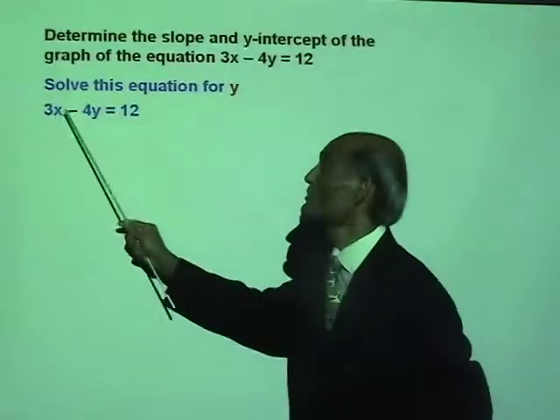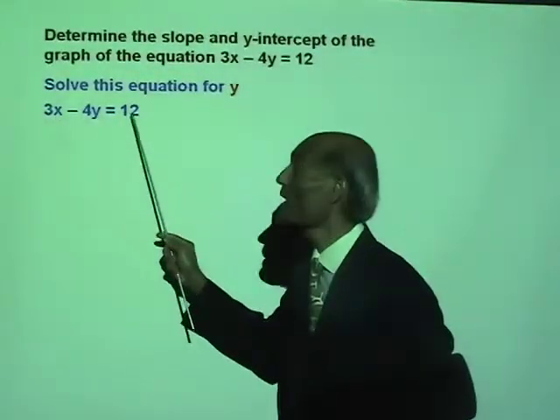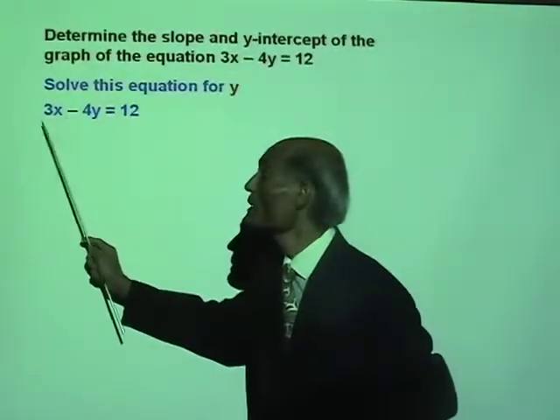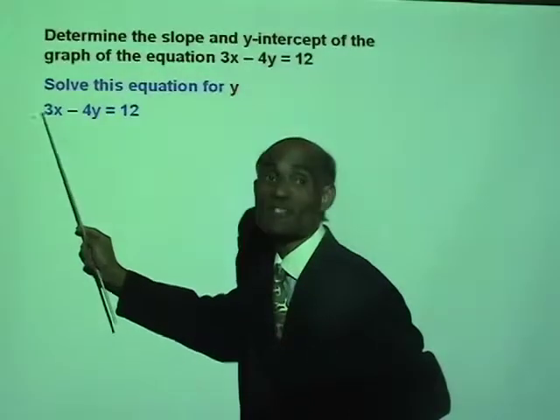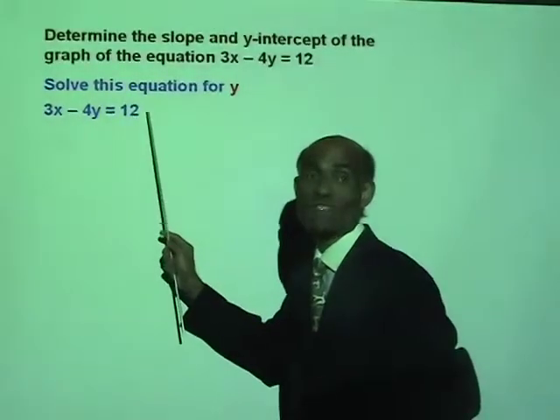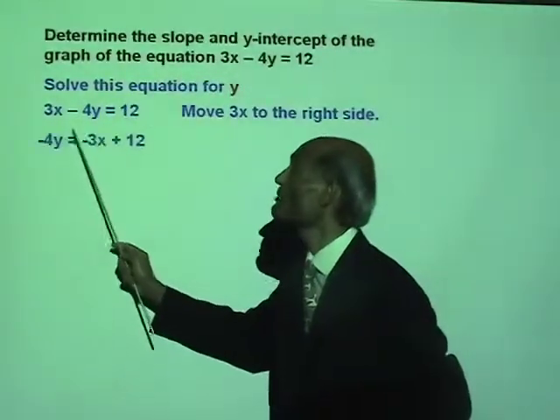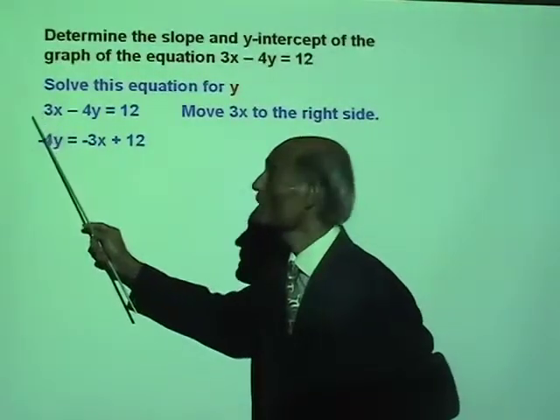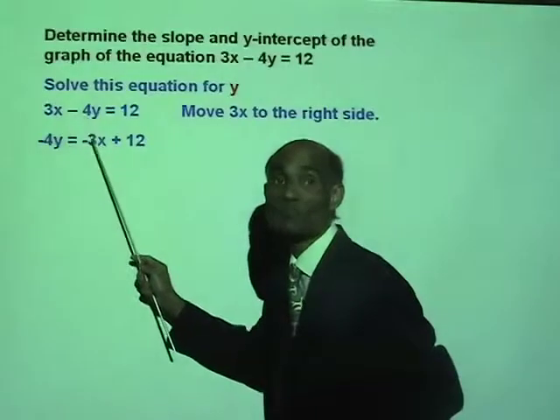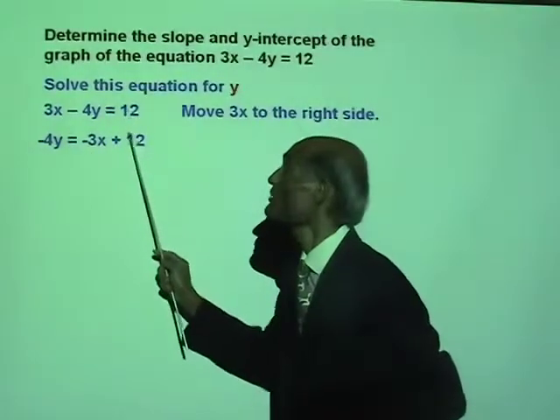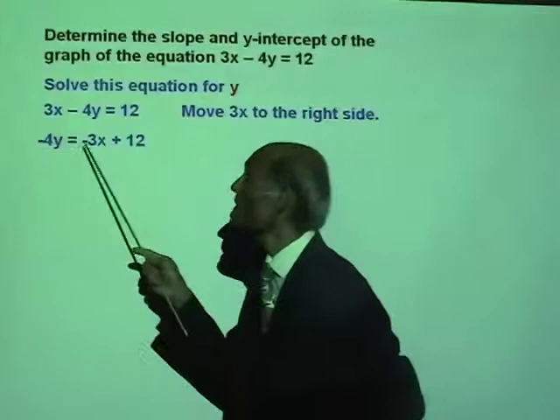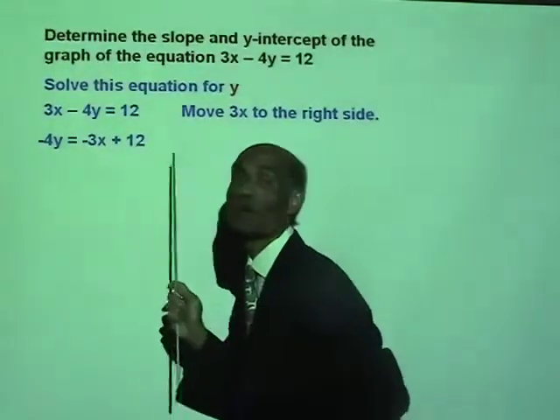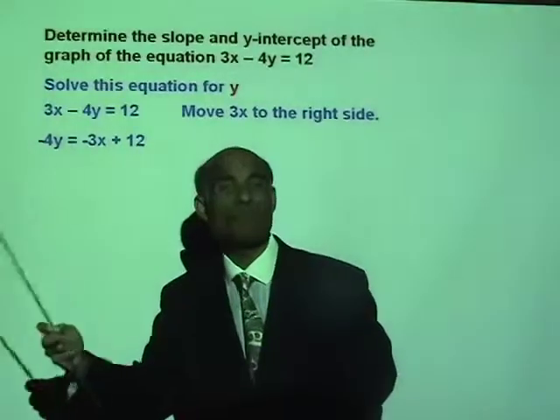Let's do that. 3x minus 4y equal to 12. In order to solve it for y, first we move the 3x from the left side to the right side. That will give me negative 4y equal to 3x moving to the right becomes negative 3x plus 12. And to get y alone, divide each term by negative 4.